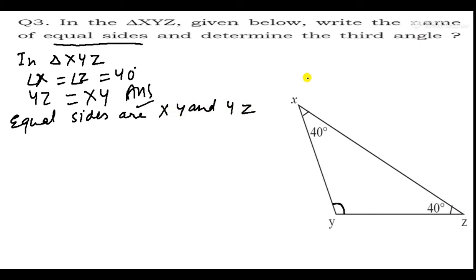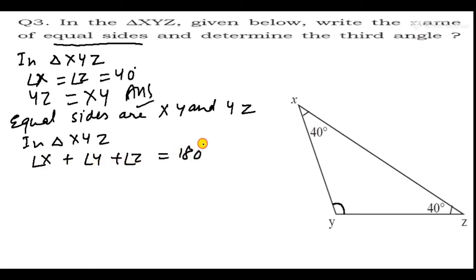Now determine the third angle. So in triangle XYZ, the sum of all the angles of a triangle is equal to 180 degrees. So angle X plus angle Y plus angle Z is equal to 180 degrees. Angle X is given as 40 degrees.